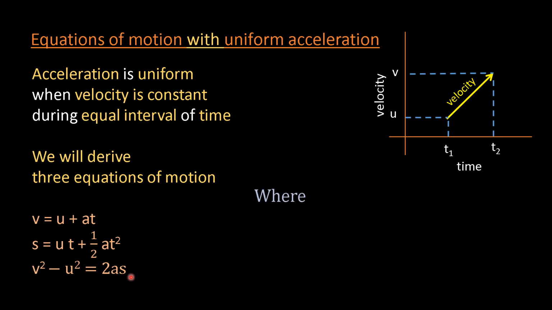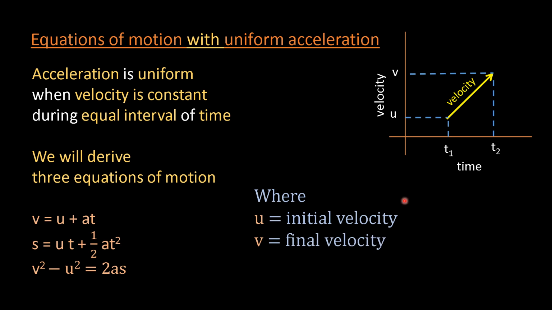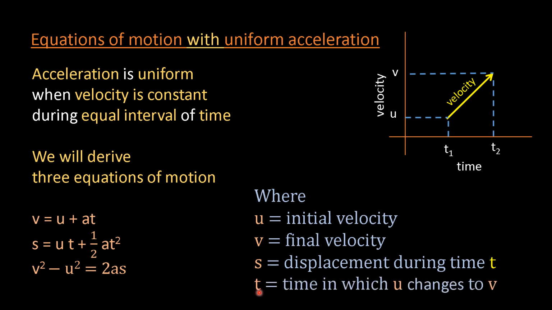Here u is initial velocity of the body, v is final velocity of the body, s is the displacement during time t, that is the distance covered, and t is time in which initial velocity u changes to final velocity v.